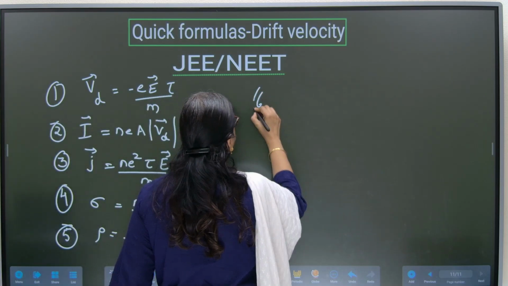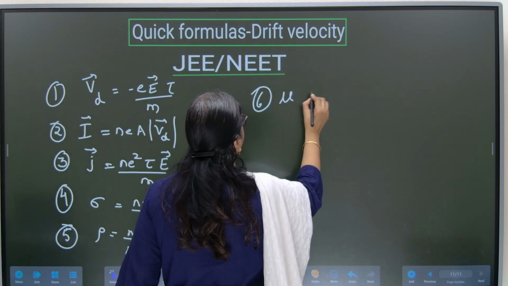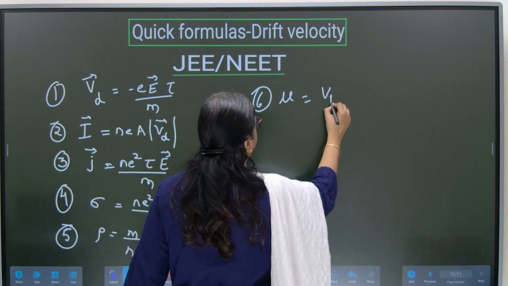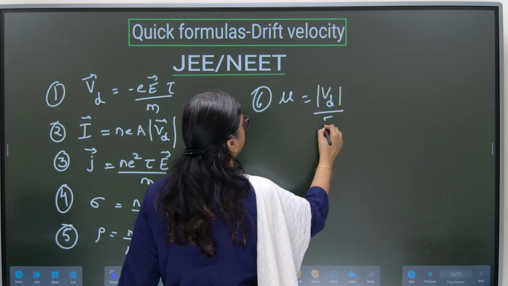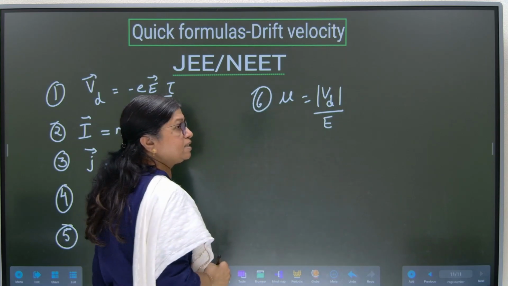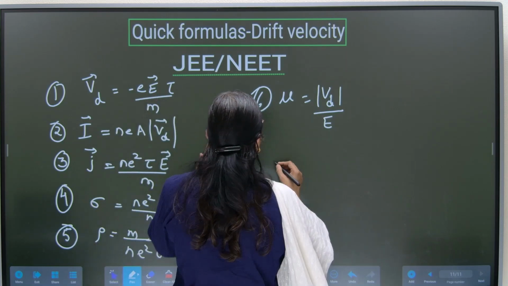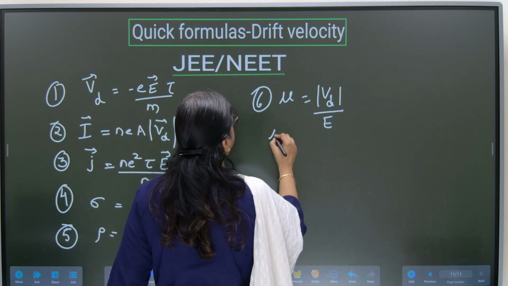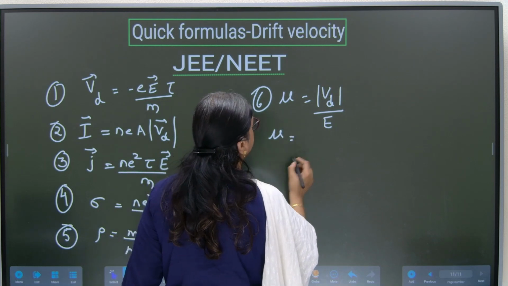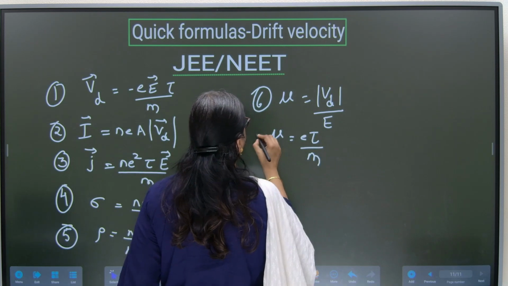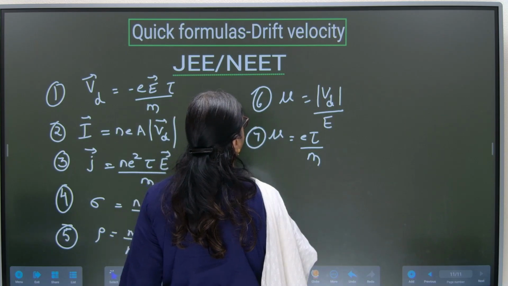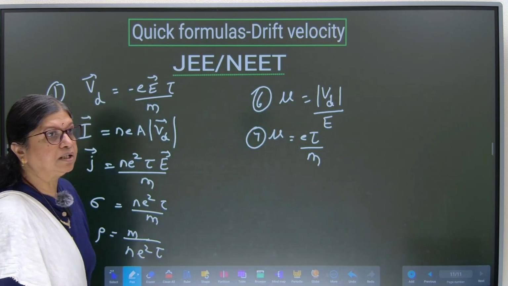Then we also defined a formula for mobility, mu is equal to Vd upon E, such that mu is equal to E tau upon m. That is the relation which we have derived.